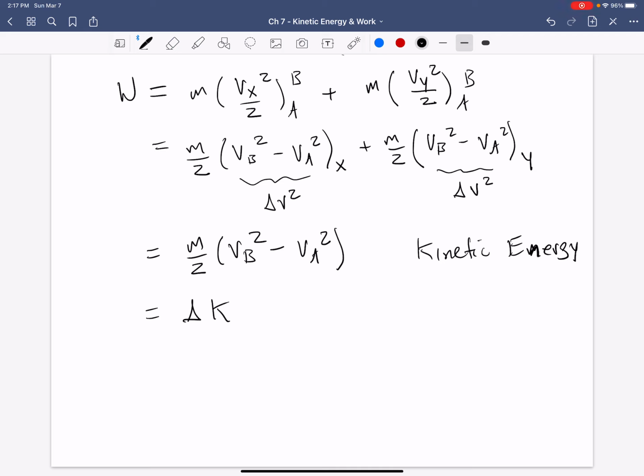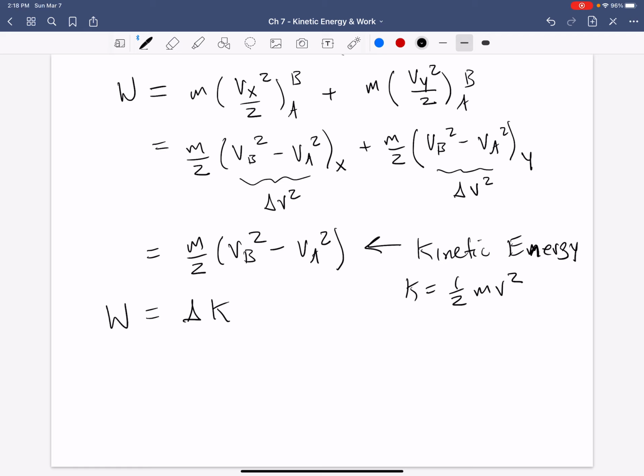Kinetic energy is in that form, right? So in other words, kinetic energy is 1/2 mv squared: 1/2 times the mass times the speed of the object squared. That's the form of what physicists know as kinetic energy. It's the energy of a particle. If a particle is in motion, that's how much energy it has.